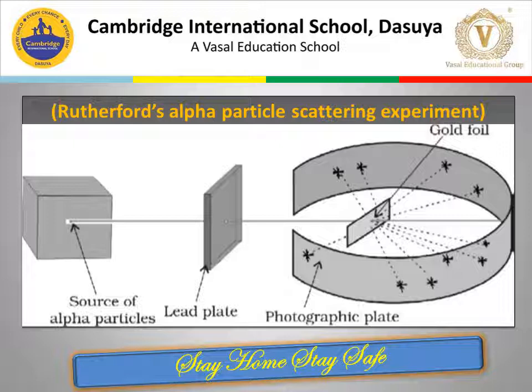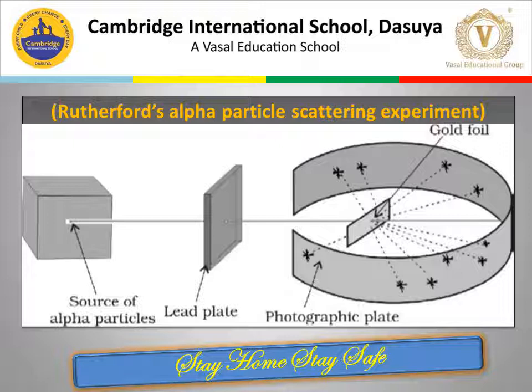This single beam of alpha particles is allowed to fall on the gold foil at the center of the photographic plate. The dotted lines are the deflected or scattered beam of alpha particles, which when falling on the photographic plate produce scintillations, and these can be observed on the photographic plate from where the deflection can be measured.